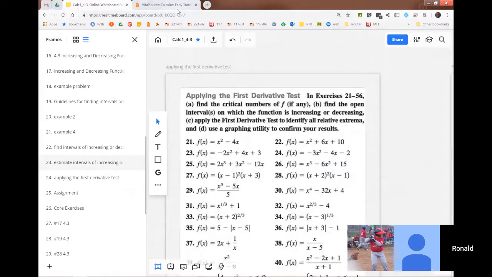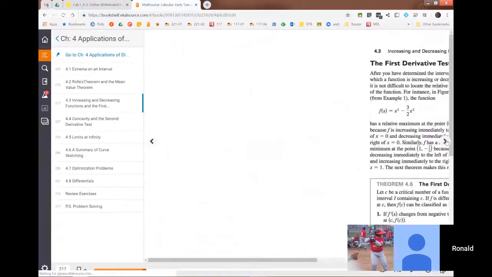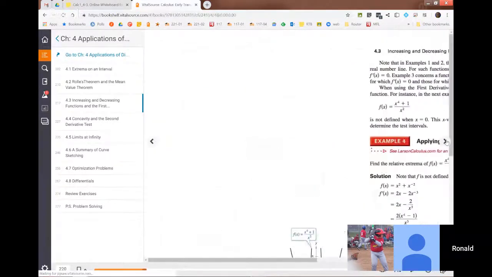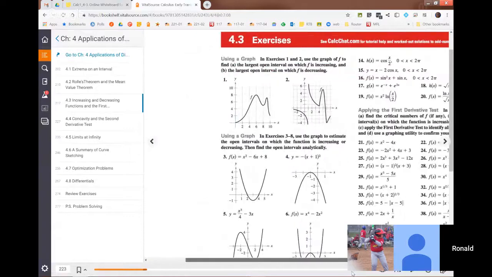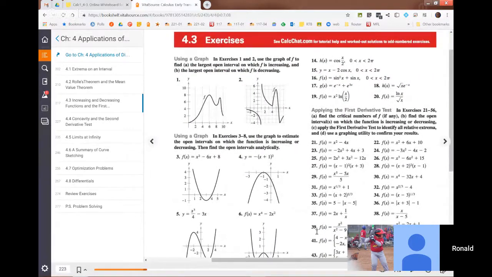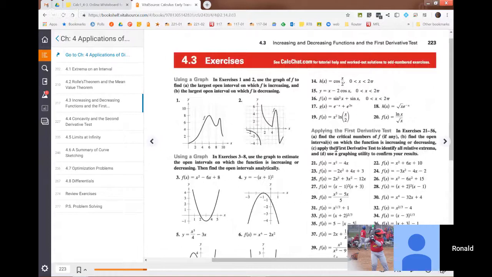Here, let's take a look. 4.3, number 17. So the directions there are down here. In 9 to 20, identify open intervals. Oh, so it's just find the increasing and decreasing intervals.